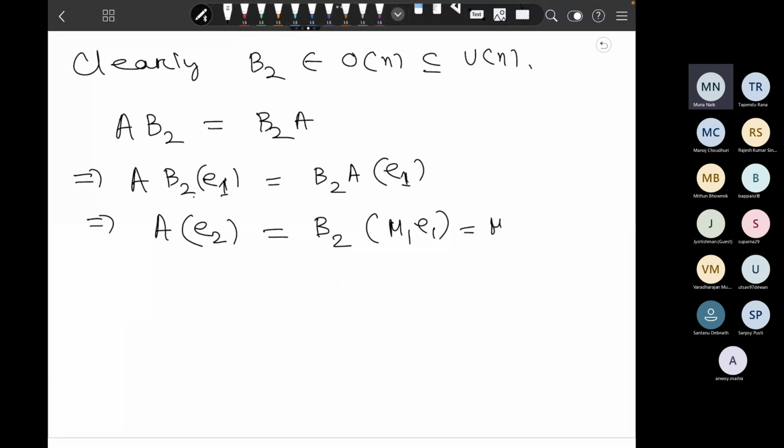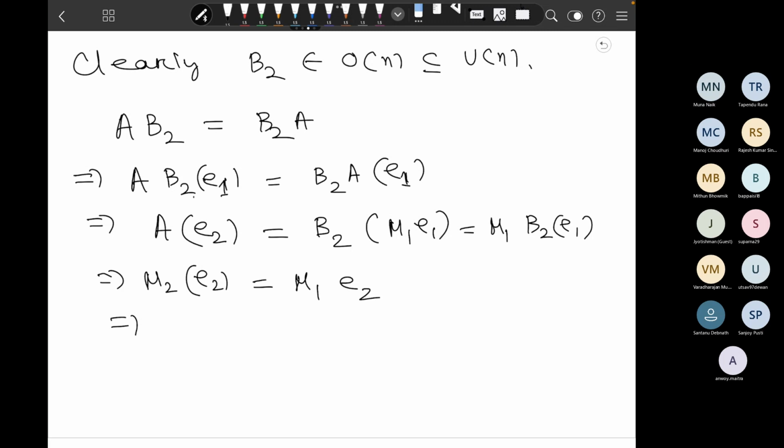So this is equal to mu1 B2 of E1. Now A E2 is mu2 of E2, and this is mu1 B2 of E1, and B2 of E1 is equal to E2. So this implies mu2 is equal to mu1.